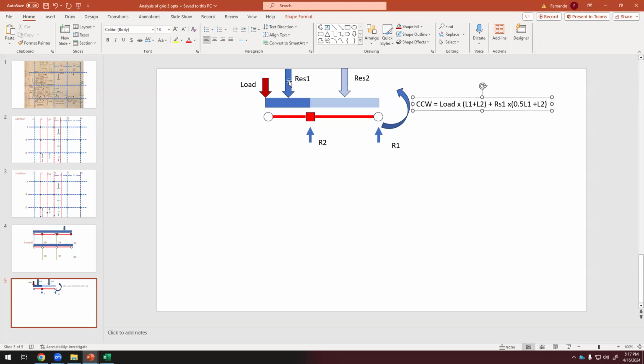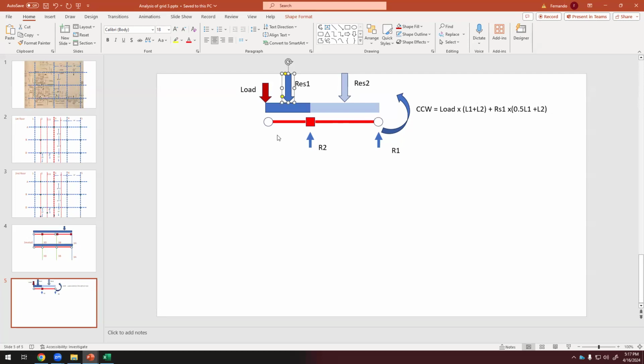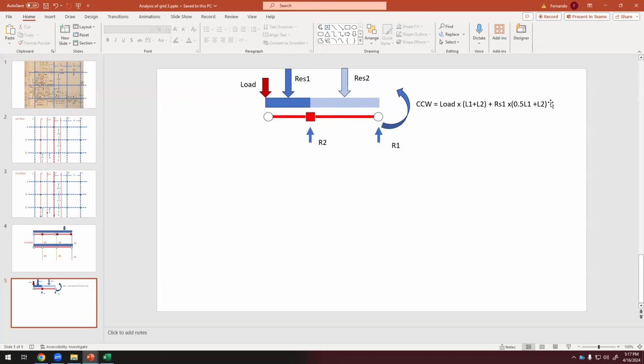So that's the distance between this resultant and this point. If this is L1, it's half the dark blue bar plus the L2. And what's left? It's resultant 2 times only half L2, 0.5 L2.